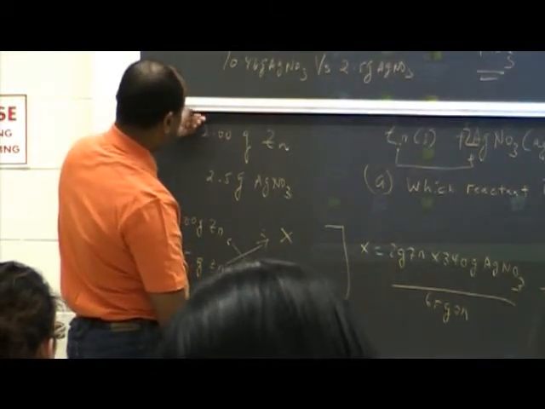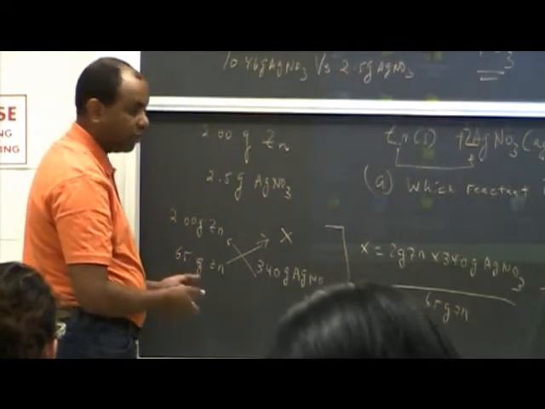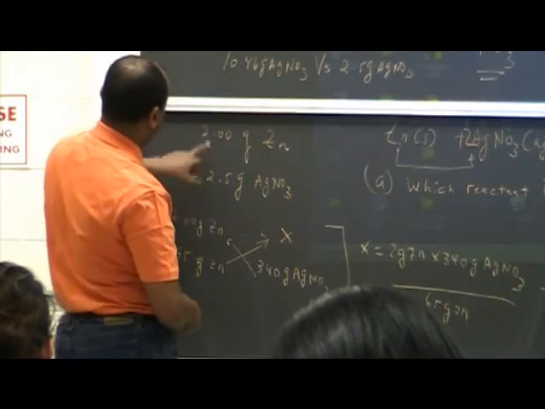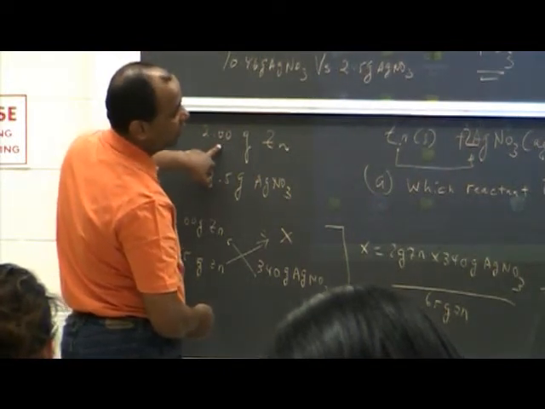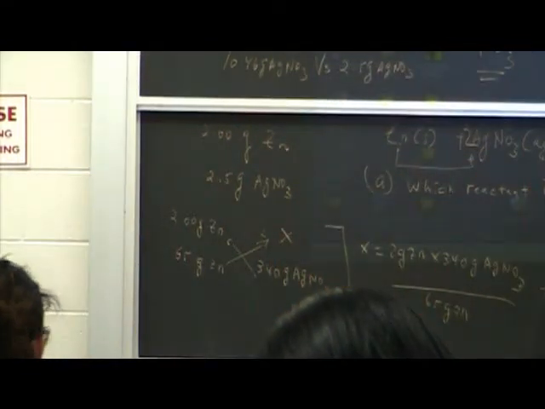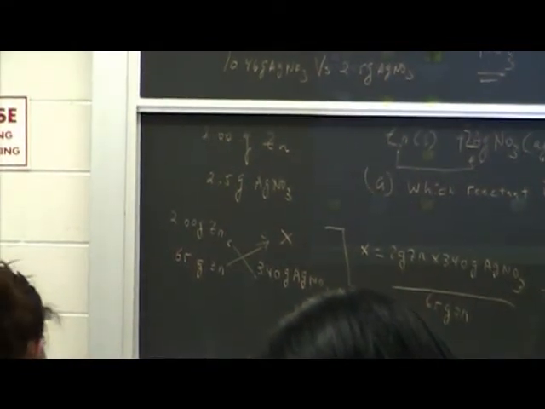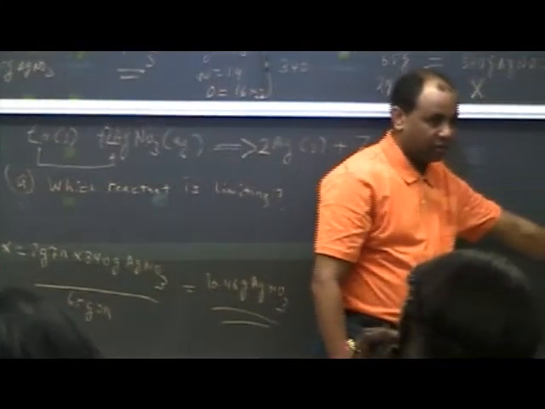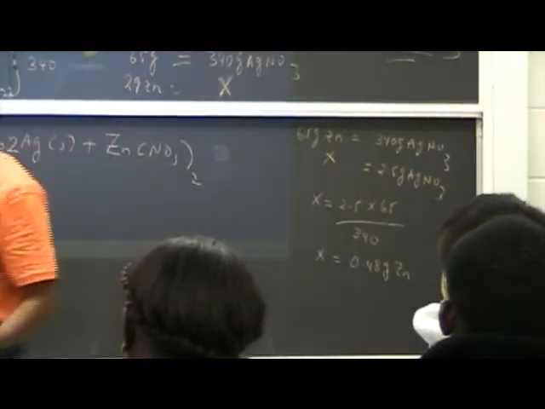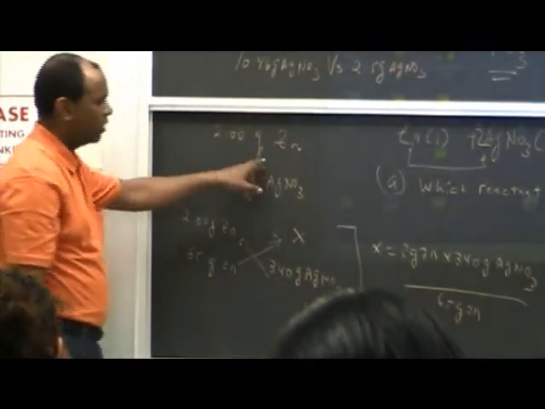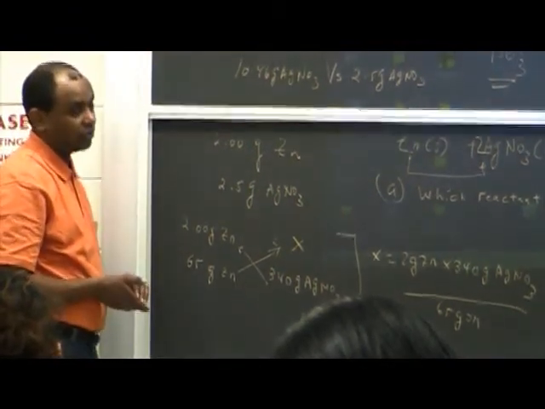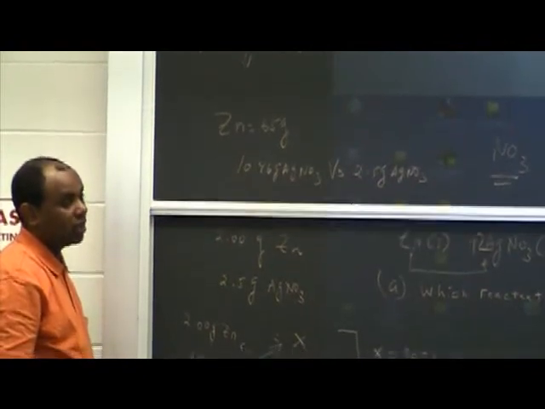You only need 0.48 grams of zinc. This is the practical amount, the amount that you're looking for. This is what you have. What was given to you was 2 grams of zinc. So you make a comparison between 2 grams of zinc and 0.48 grams of zinc. So 2 grams of zinc is what?